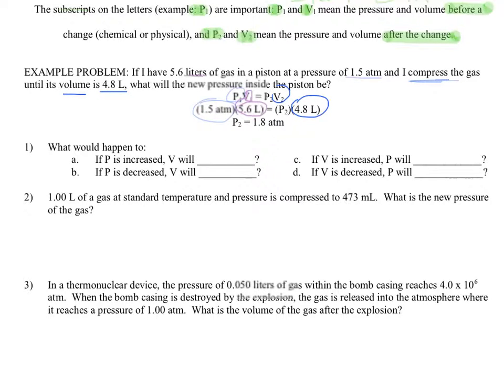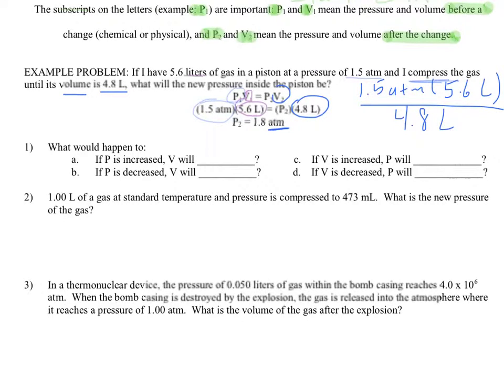Now, your units must be the same for both volumes and for both pressures. So I have 1.8 atm. Another way to know this is if I was to actually do the math, 1.5 atm times 5.6 liters divided by 4.8 liters.